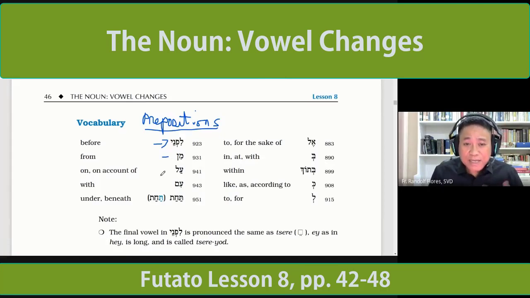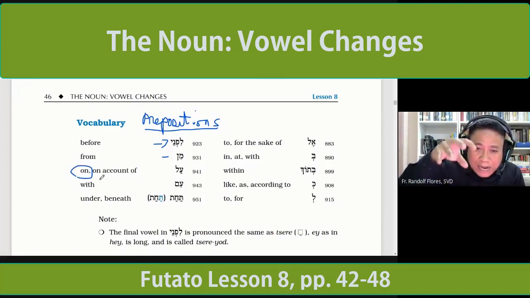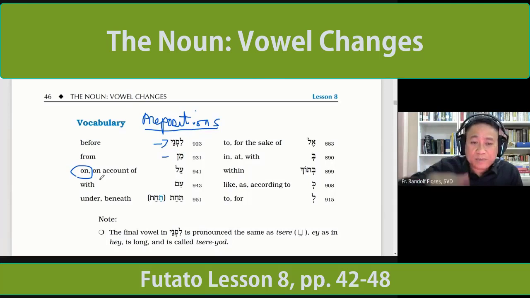Ani min ha-Filipinim. Maybe something like, I am from the Philippines. Ani, min, from. Al is on. So I'll put something on the table that is al, on, or on account of, but suffice to say on. That's the preposition on.